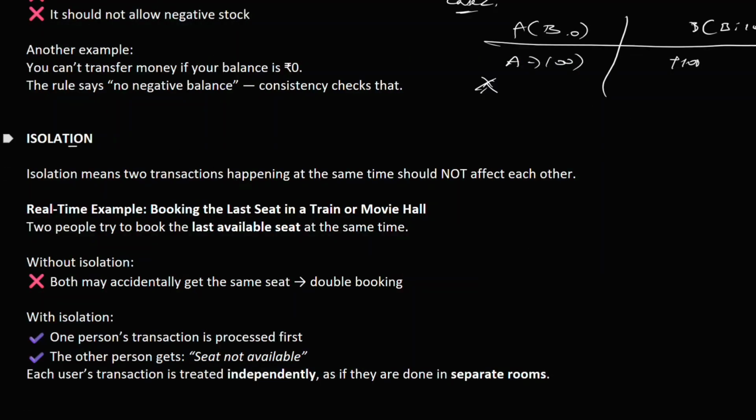Now let's see what is meant by isolation. Isolation means two transactions happening at the same time should not affect each other. That means the transactions should be independent of each other. Let's say you are trying to book movie tickets for the first day first show in some theater, let's say Sandhya theater.